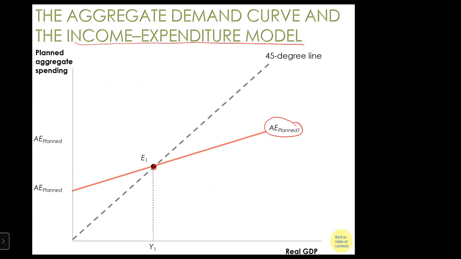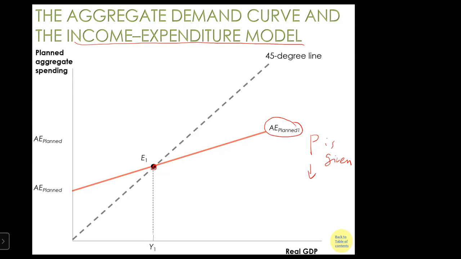Okay, and remember in the previous chapter, this is a given price, so P is given. Okay. Now just imagine if the price level declines. And then the two reasons we just explained in previous slides. What are those two reasons?